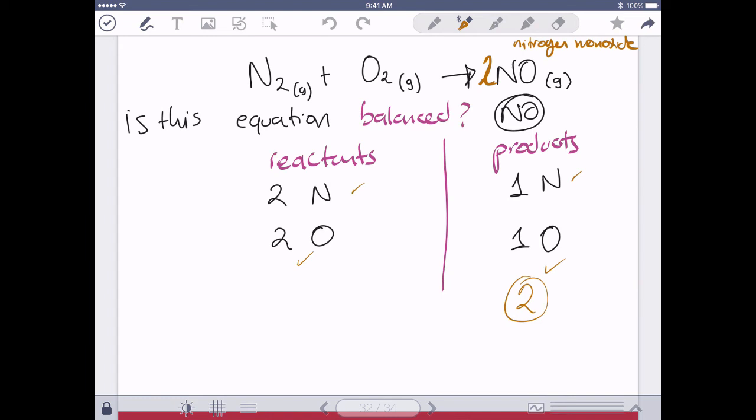Now, this coefficient that I add will affect the number of atoms in the whole molecule. So I'm going to have now 2 atoms of nitrogen and 2 atoms of oxygen in my products. Therefore, my equation is balanced. Let's practice in the next slide.